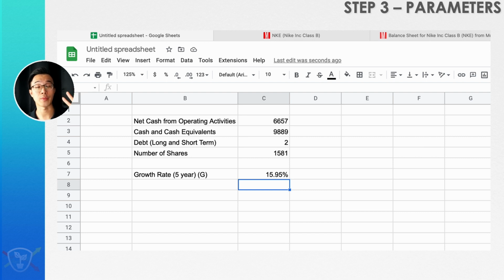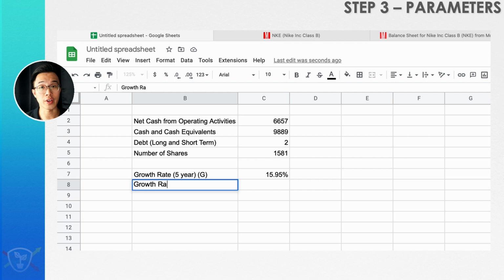The second rate that we have to determine is the terminal growth rate, and we're going to symbolize this rate by the small letter g. The DCF model assumes that this company is going to exist, generate cash, and grow forever. So the terminal value helps us to determine at what percentage the company is going to be growing to infinity and beyond.